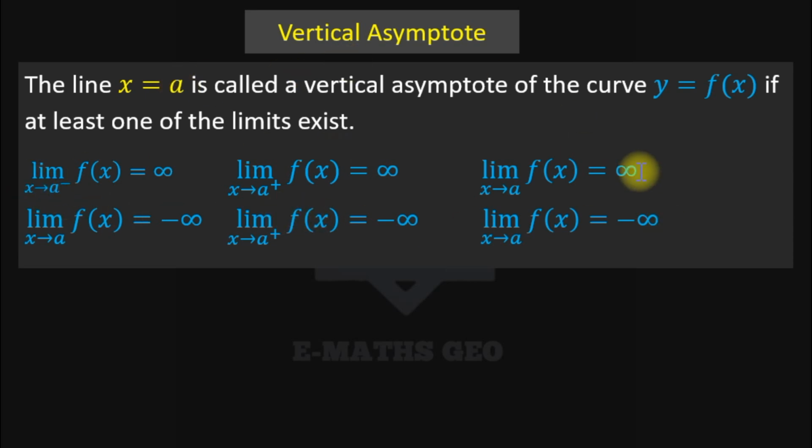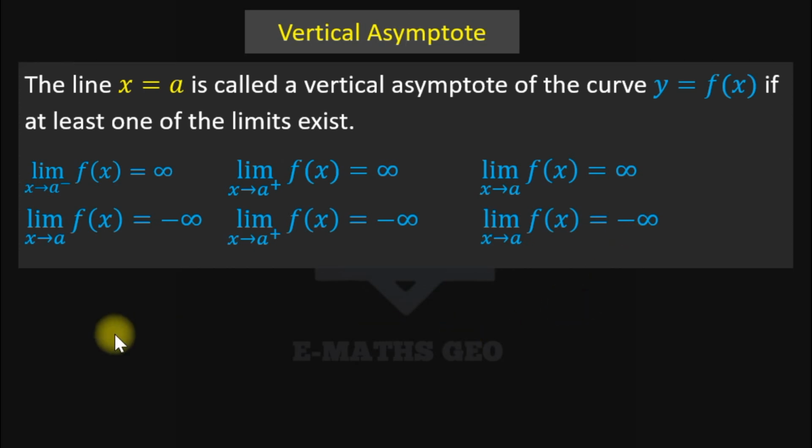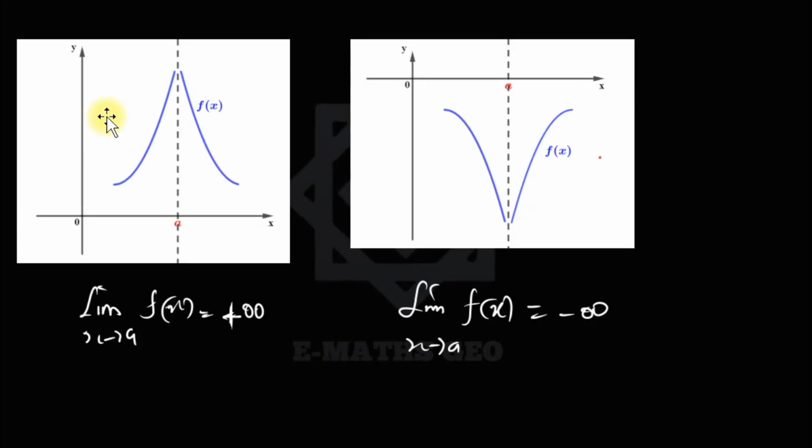From the diagram, the dotted line you are seeing, that's what we call the vertical asymptote, the line x equal to a.